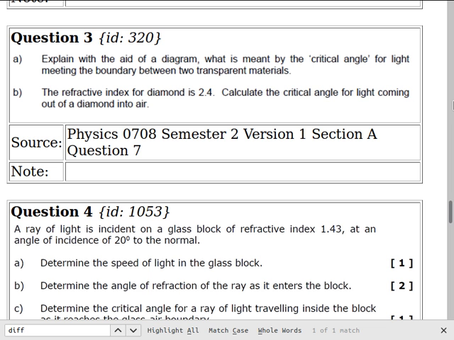So my question is, based off of probabilities, roughly speaking, how much of the time will the light be more than 24 degrees? A lot of the time, or a little bit of the time? Assuming every angle is equally possible. Most of the time. Therefore, most of the time the light gets internally reflected.